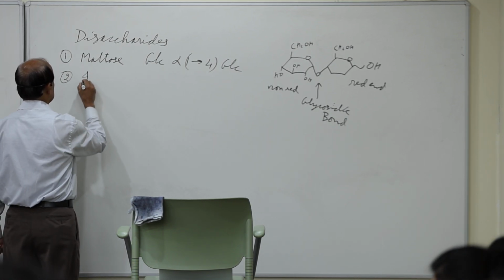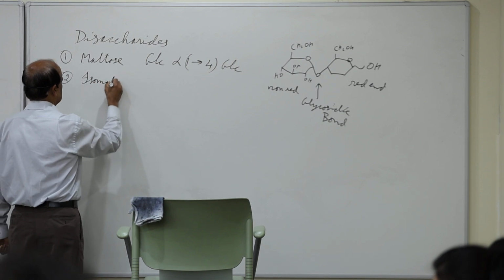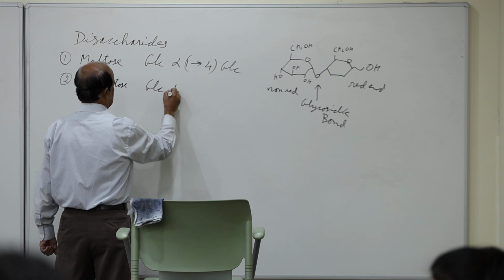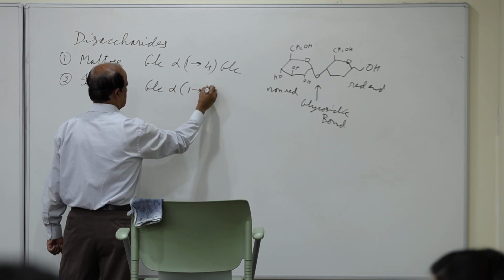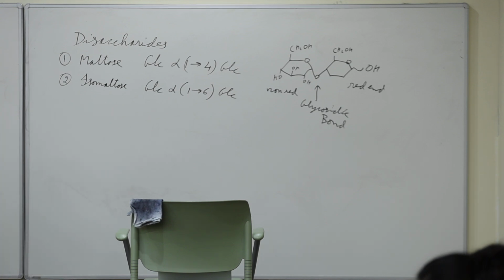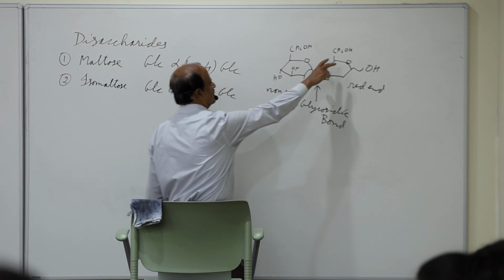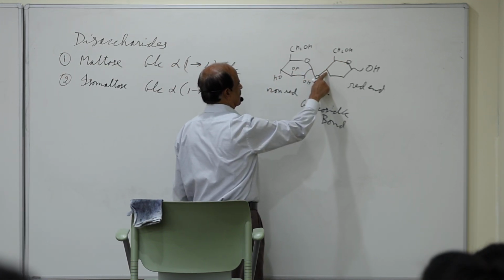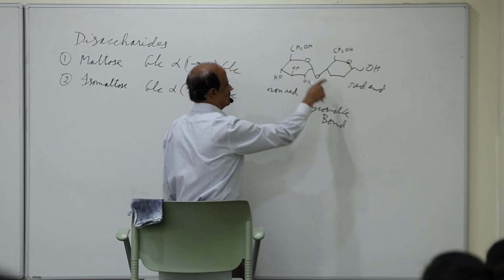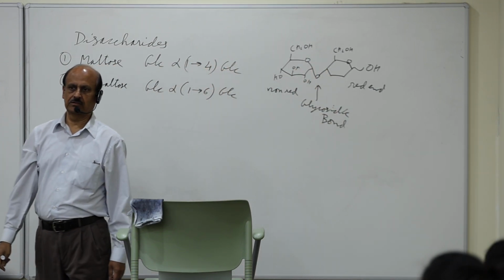So isomaltose is glucose alpha 1,6 glucose. So this ring, instead of joining to carbon 4, it will be joined to carbon 6. So you draw the other ring like this, joined to carbon 6. So that will be isomaltose.